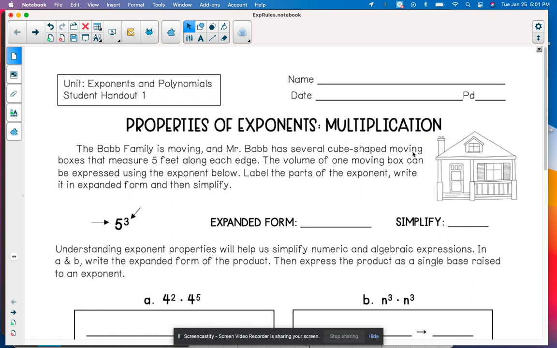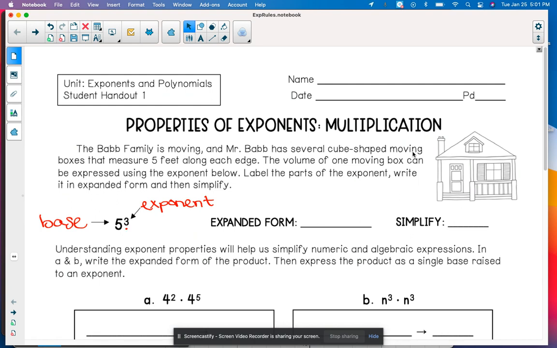So, when we're talking about an exponent or a number or a variable raised to an exponent, we refer to it as the base. So, again, this larger number is the base, and the smaller number is the exponent. So when I expand this, what this is telling me is that I'm going to have 3 of the 5s.